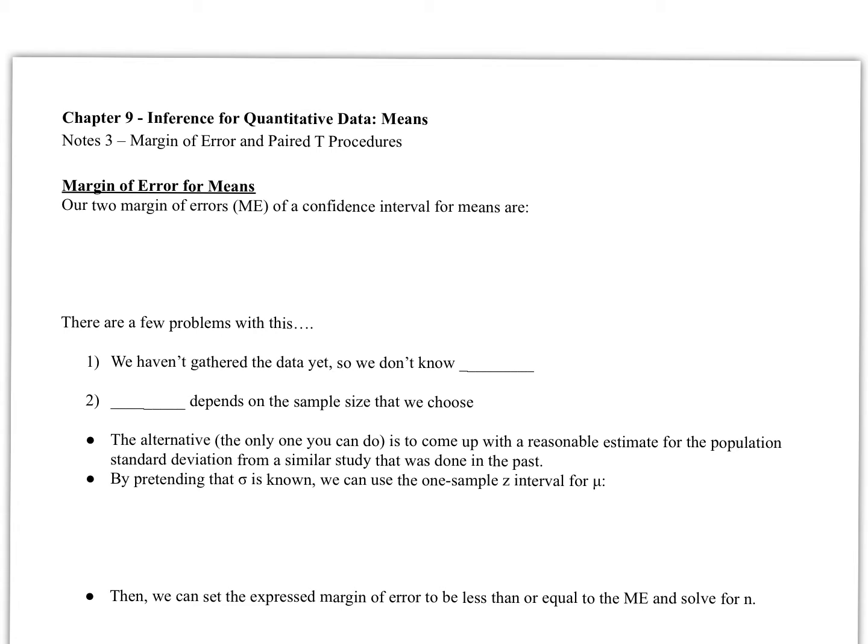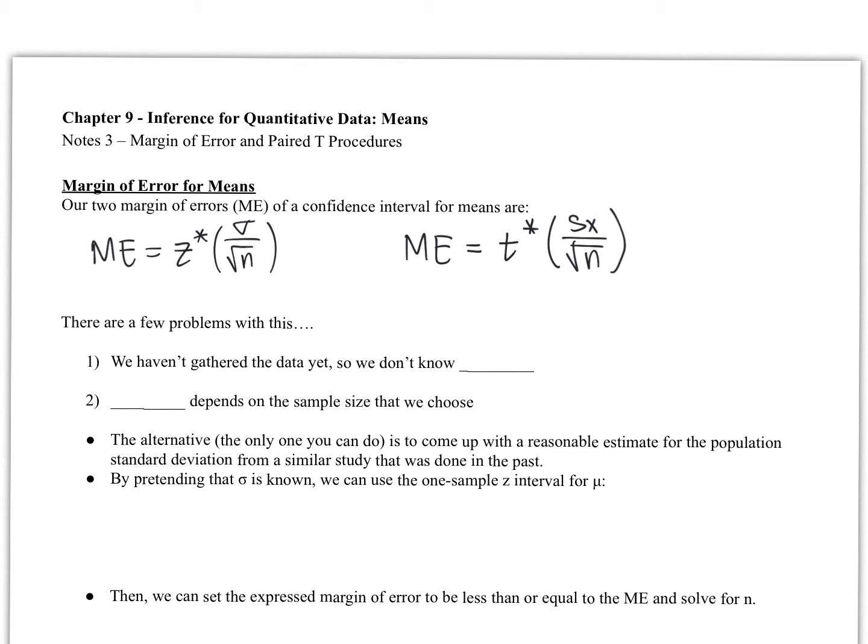standard deviation. So if we're given population standard deviation, we have that our margin of error is our z critical value times the standard deviation over the square root of n. And if we're given our sample standard deviation, the margin of error is the t critical value times the sample standard deviation over the square root of n.